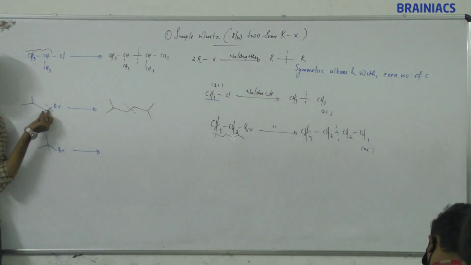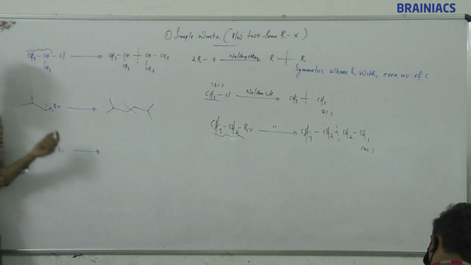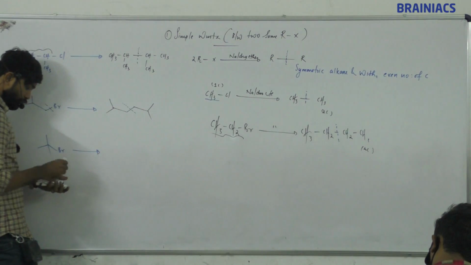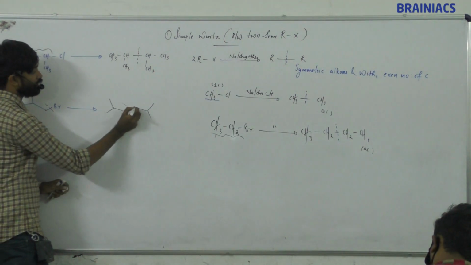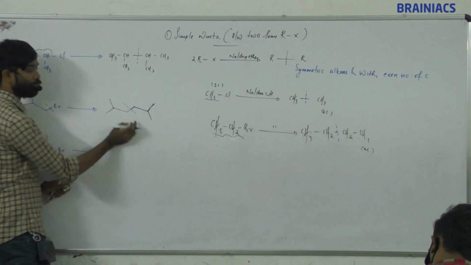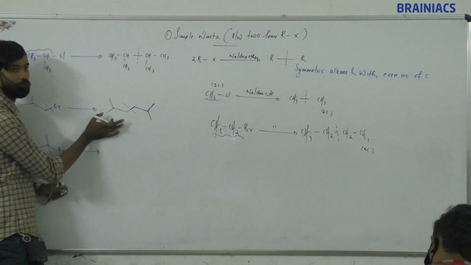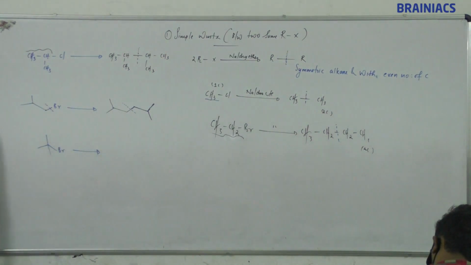This much is R. So two same kinds of R are coupled. This is R, here also R. Then what about the next?